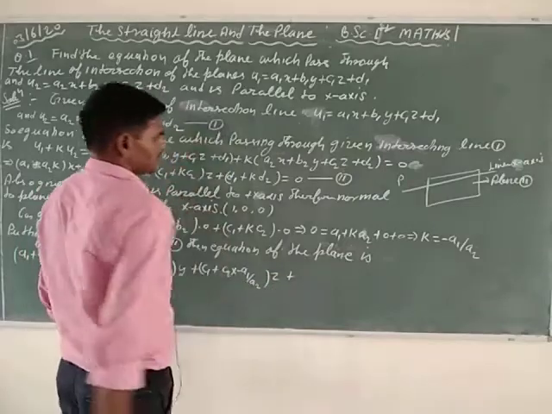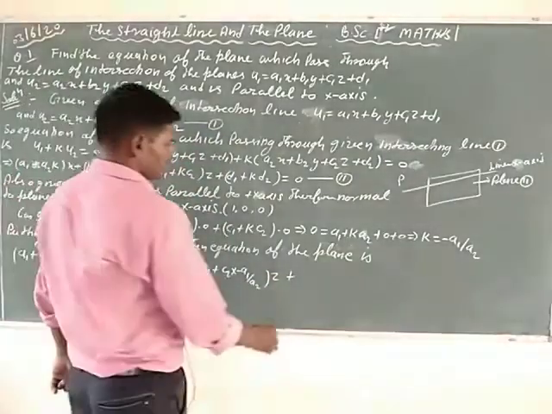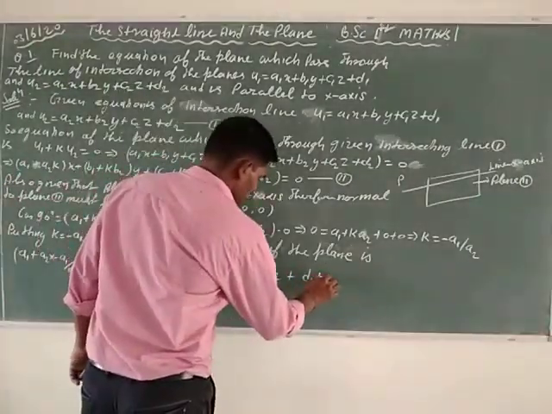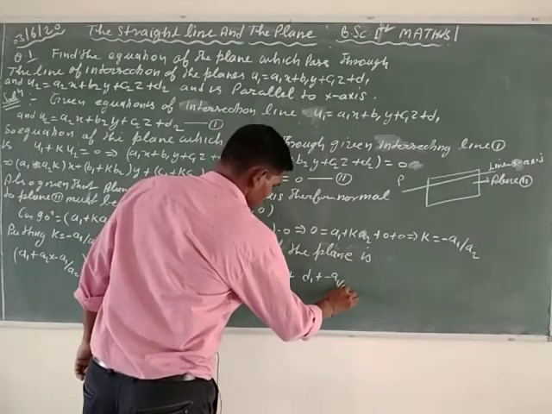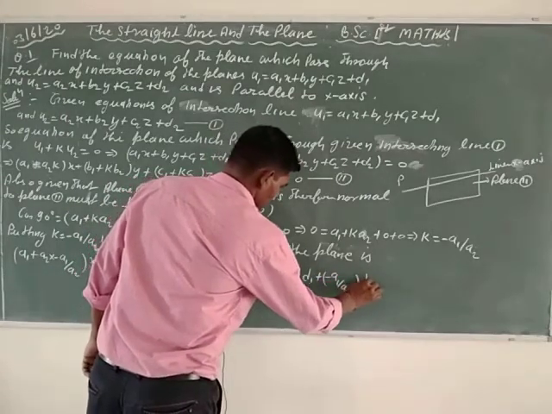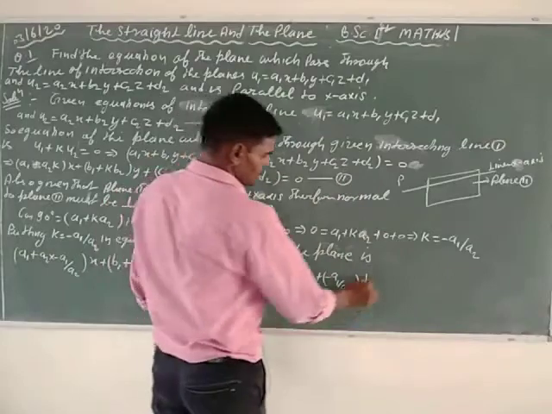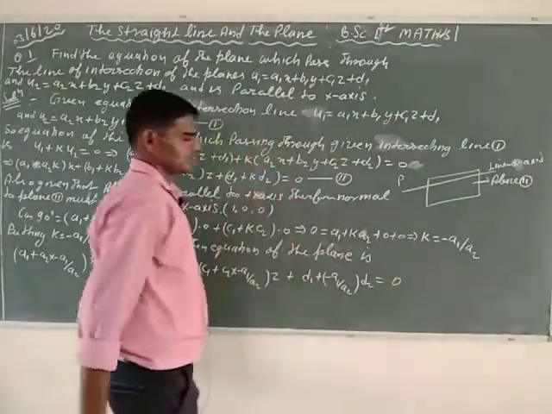At last the constant is d1 plus k times d2, that is d1 plus minus a1 by a2 times d2 is equal to 0, which is equation second.